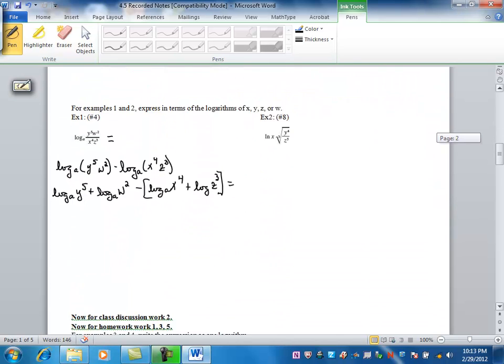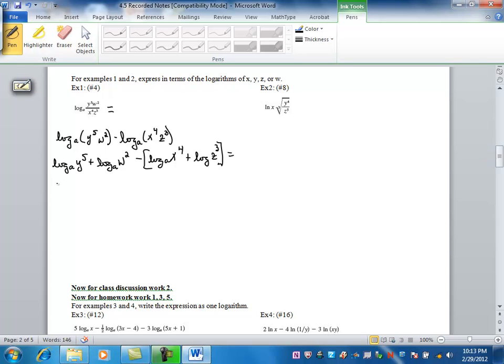And so what I'm going to do is I'm going to take the exponent out front, 5 times log base a of y, plus 2 times log base a of w. Now I'm going to distribute the negative through, so minus 4 log base a of x minus 3 log base a of z.